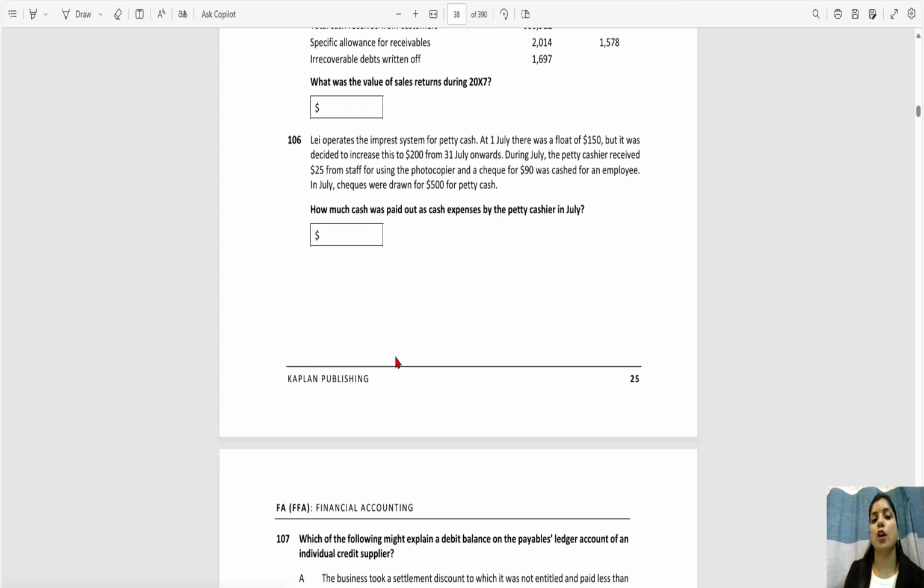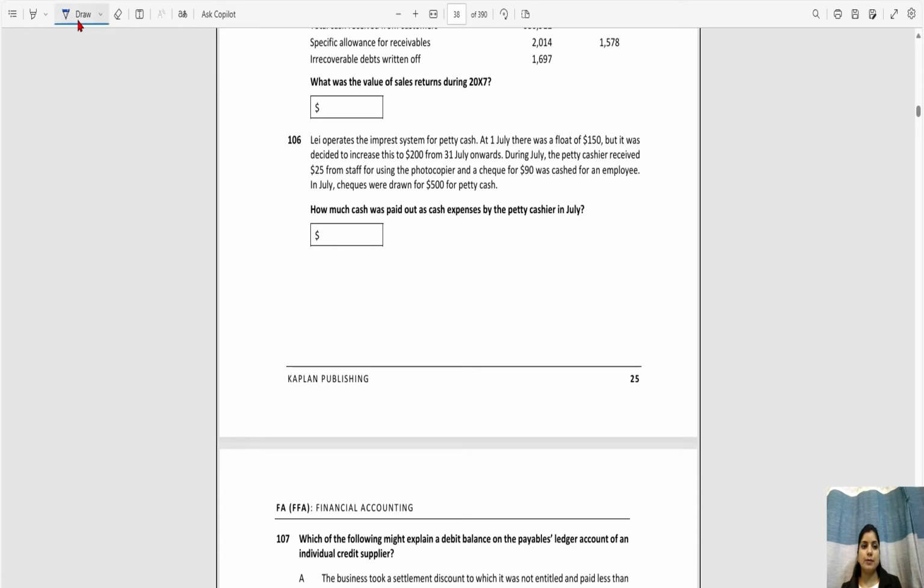So the basic concept is that we need to top up our balance at the start. According to the question, Lee operates an imprest system for the petty cash, and at 1st July, the start of the month, there was a float of 150. That means the opening balance, or the float, is 150.